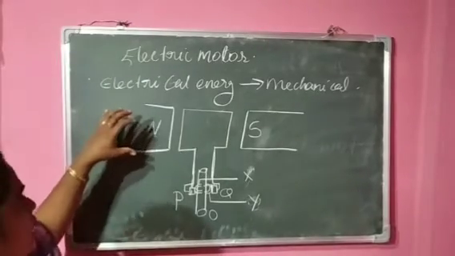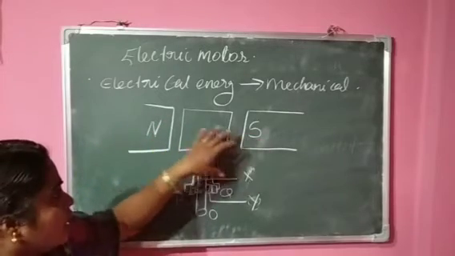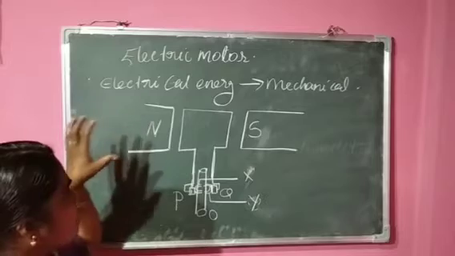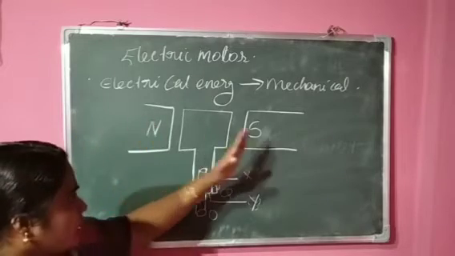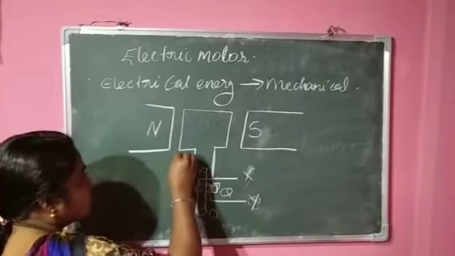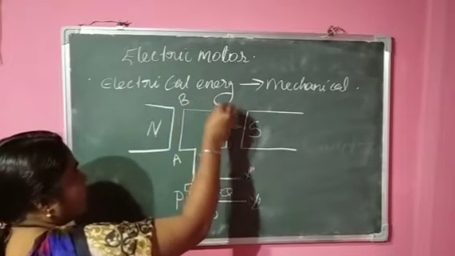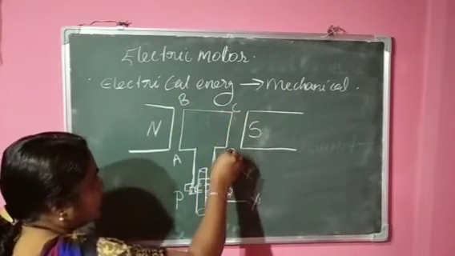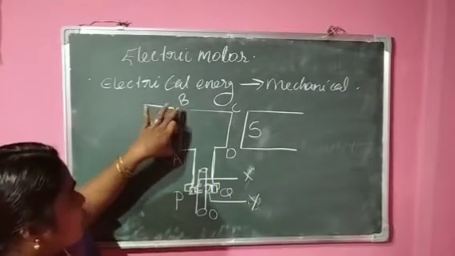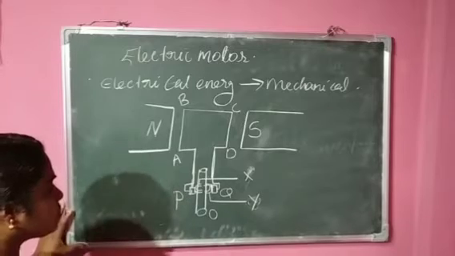First one is two bar magnets. A conducting coil, a rectangular coil is placed between two magnets. That means it is placed in a strong magnetic field. So what is the name of this conducting coil? Let it be ABCD, and it has two arms, arm AB and arm CD.